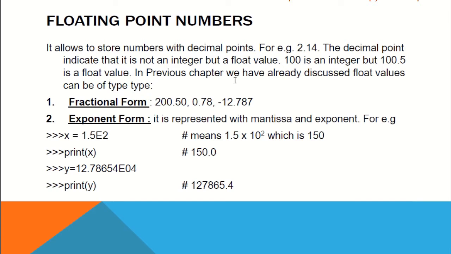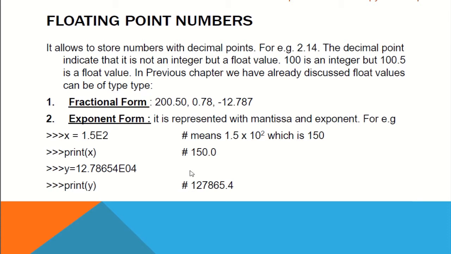In the previous chapter we have already discussed that float values can be of two types. First, fractional form like 200.50, 0.78. Second is exponential form. So 1.5 e2. E2 means 1.5 into 10 raised to 2, which is 150.